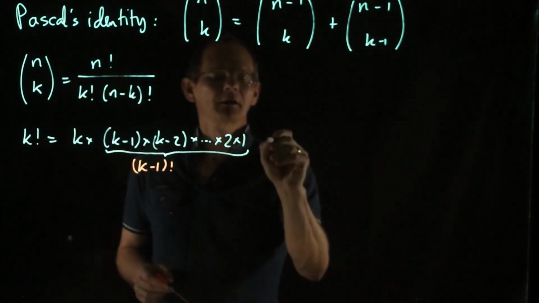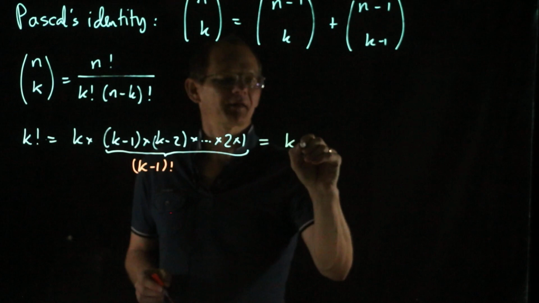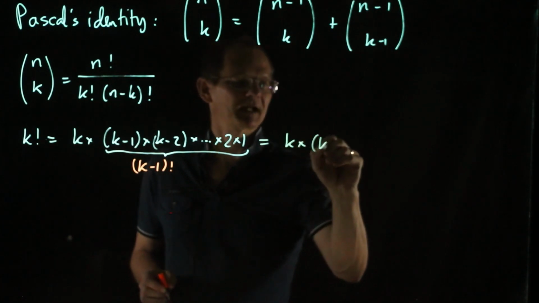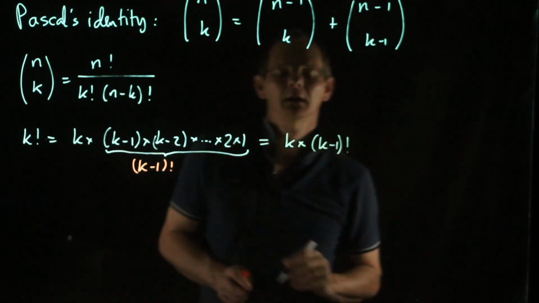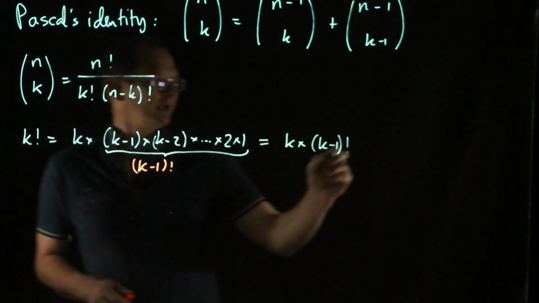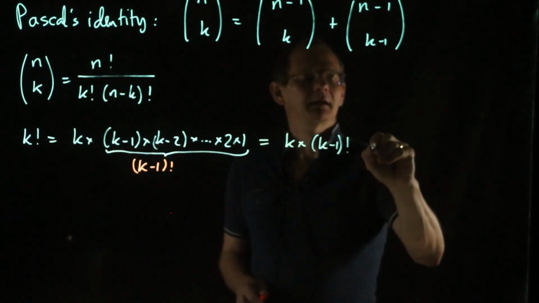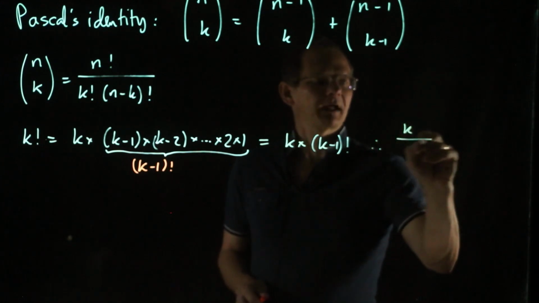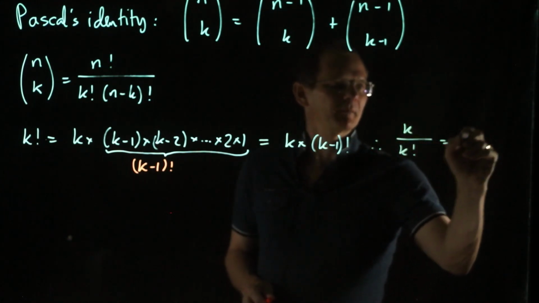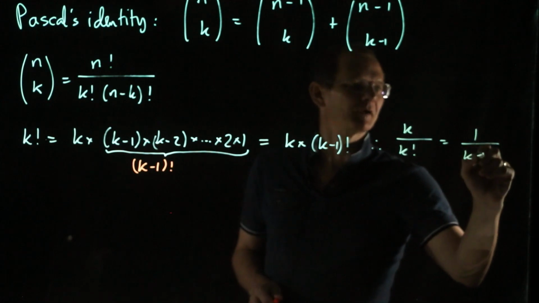So k factorial is the same as k times k minus 1 factorial. Then we can rearrange this to say that k over k factorial is the same as 1 over k minus 1 factorial.